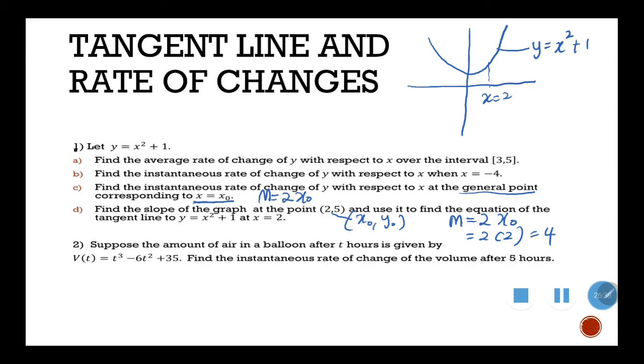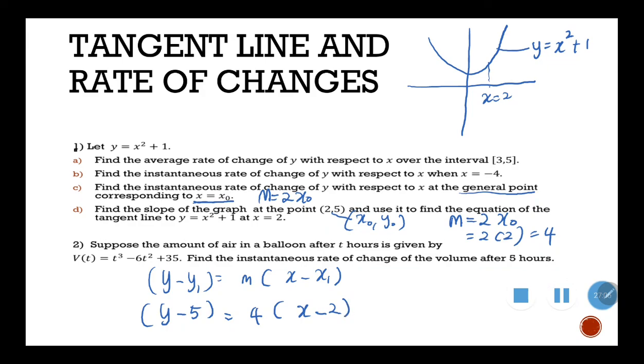The equation for a straight line is y minus y1 equal to m times (x minus x1). Remember, guys? So y minus 5 equals 4 times (x minus 2). Okay, so this is the final answer.